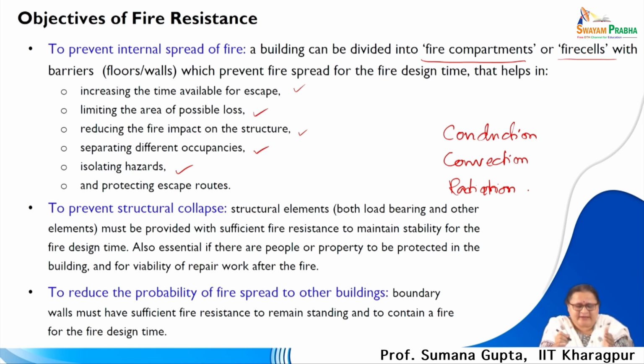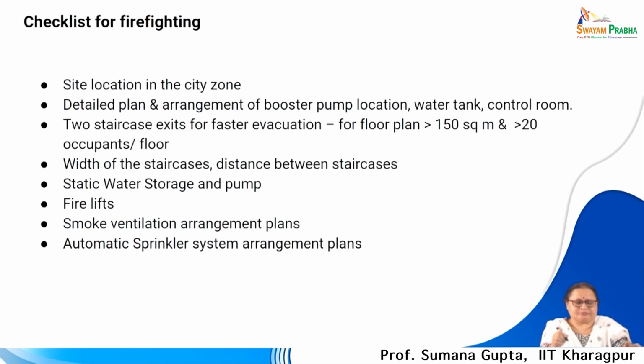So if we can reduce the radiation part, or if we can check the fire within the envelope, it should not be able to destroy a neighboring building. That is also to be considered.